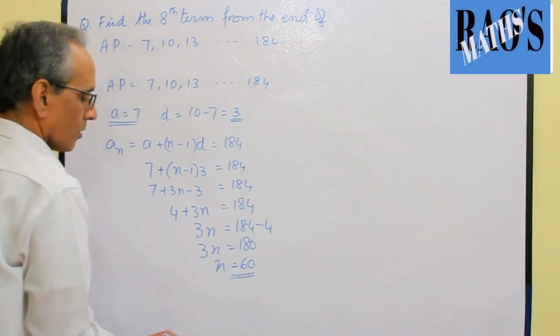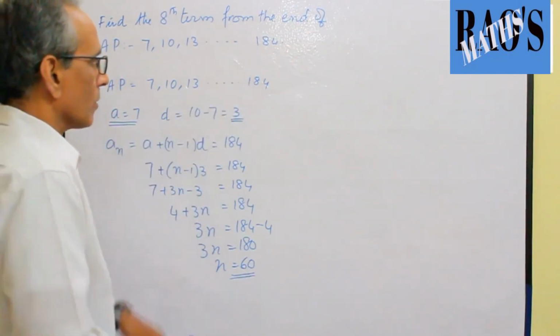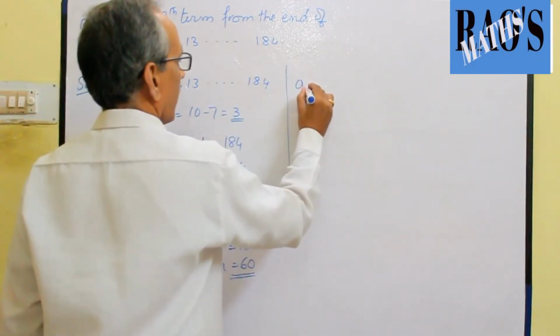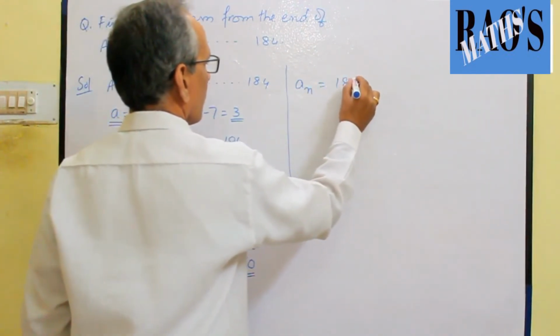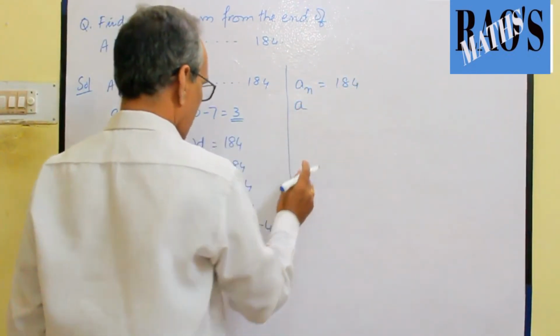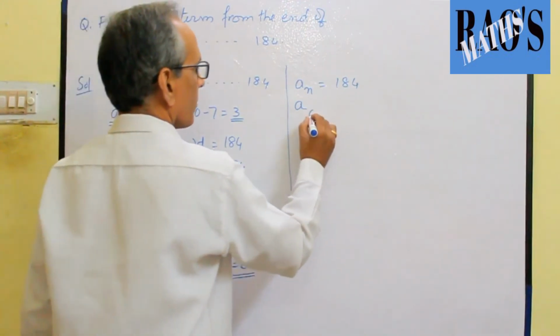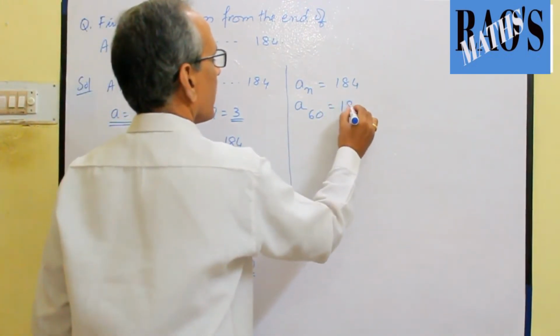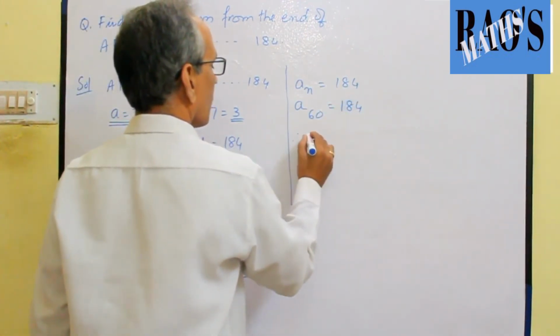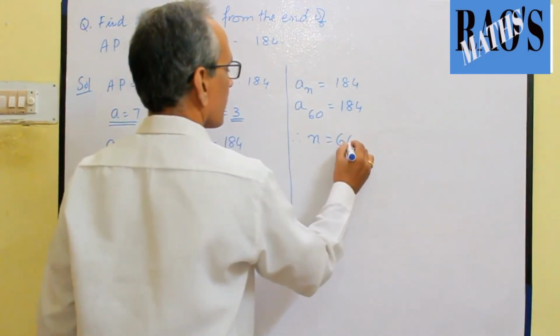Okay. So the nth term is 184, and the 60th term is 184. Therefore n is equal to 60.